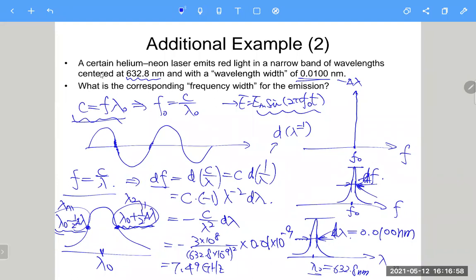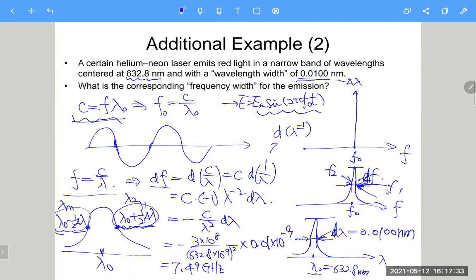And then you plug in here so that you have f2, which is c over lambda 2, the left point. And if you plug in lambda 1 into here, you will get f1, which will be that point. So this is f2 and this is f1, because they are inversely proportional to each other, which means that for the larger wavelength you get the lower frequency, and for the shorter wavelength you get the higher frequency.